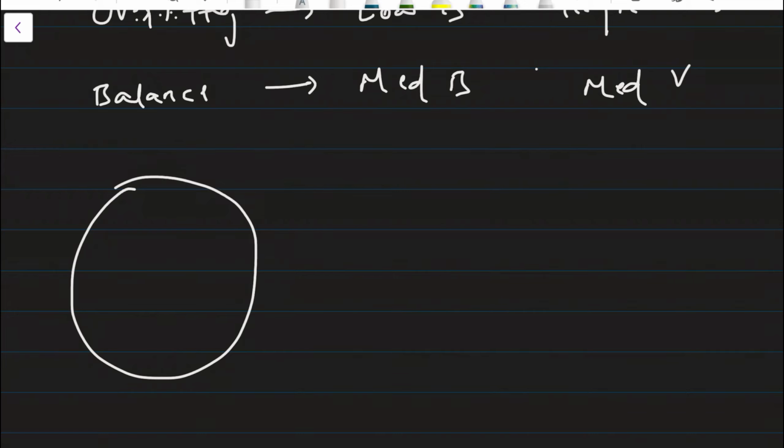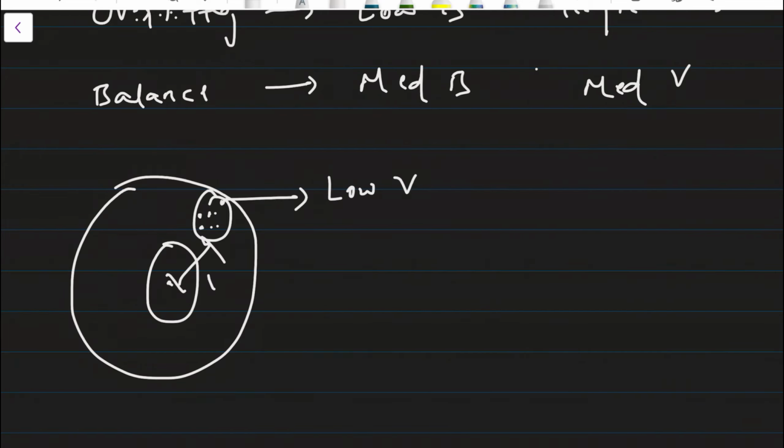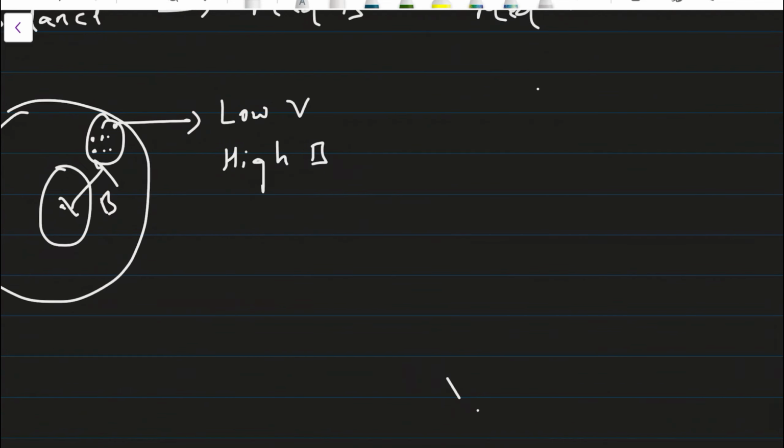With low variance and high bias, the spread is low, but the distance, the bias, is high.